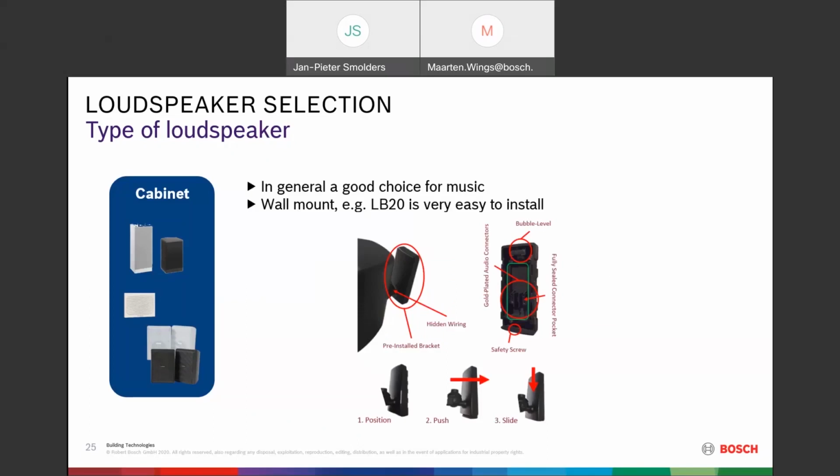They have mounting brackets, like for instance the LB20, which is designed to install very easily, like you see here on the picture. You mount a backplate to the wall, and there's a bubble level meter inside, so you can see if it's horizontal or not. And just mount it to the wall, the wires through it, and then you can just slide the loudspeaker over it, and it's done.